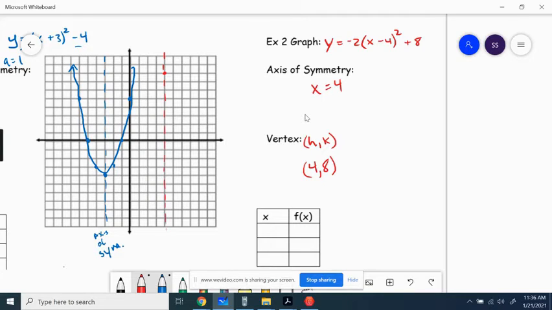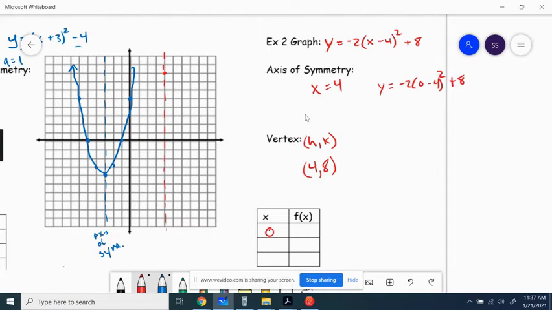All right, and so there's a bit of guess and check here when it comes to picking numbers for our x values. So if I go with 0, I don't think 0 is going to be a good number to pick, and I'll show you why. If we put 0 into the equation, y is equal to -2 times (0 minus 4) squared plus 8.